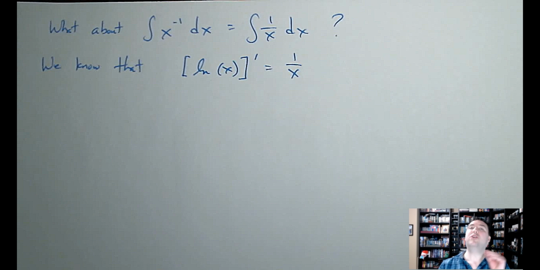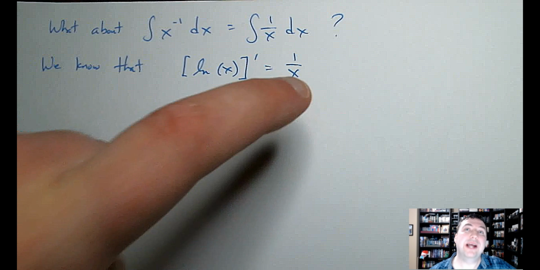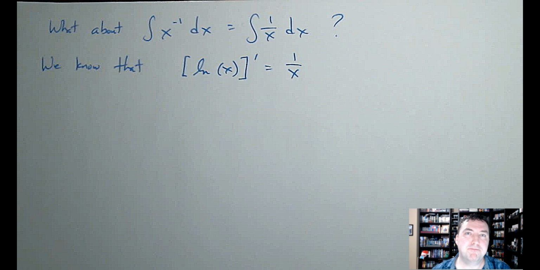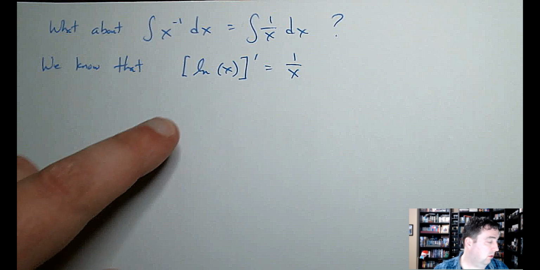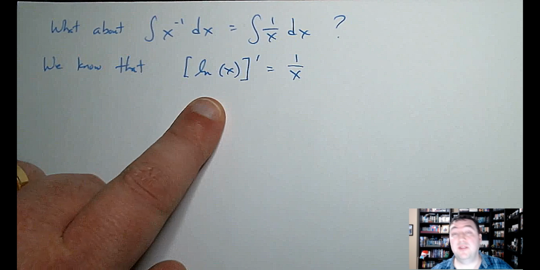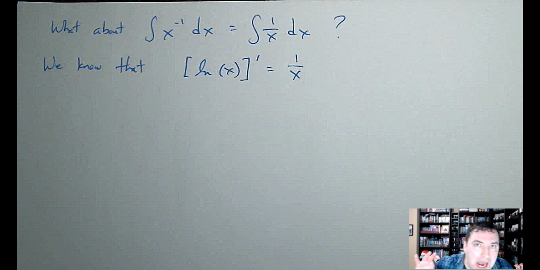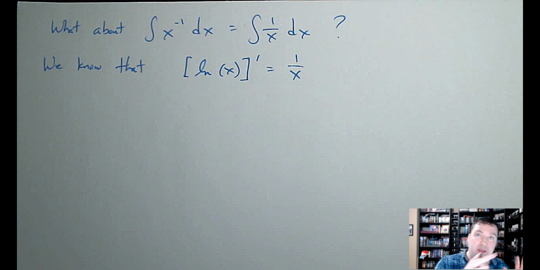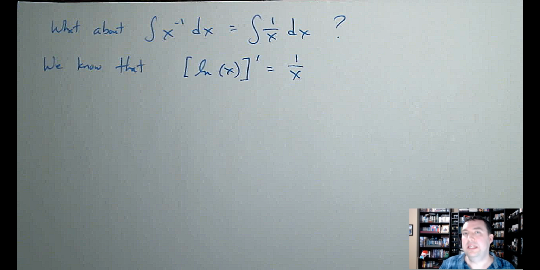And that's that the domain of the natural log of x and the domain of 1 over x, they aren't the same. 1 over x is defined for all real numbers except x equals 0. The natural log of x isn't defined at 0 either, but nor is it defined for any negative number. And what we ideally want is we want the integrand and the integral to have the exact same domain.